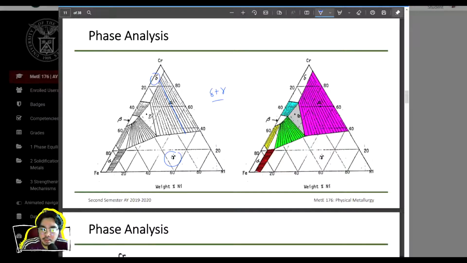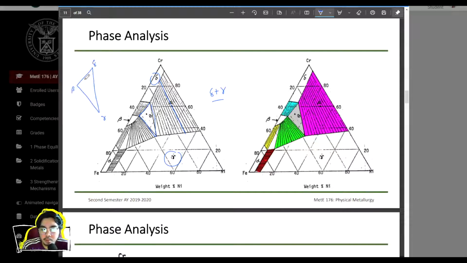For example, this gray region here is a three-phase region of beta. If you were to isolate this, it's like an isolated sub-ternary diagram, if you can call it that. So there is a beta region, there's alpha, gamma, and delta.